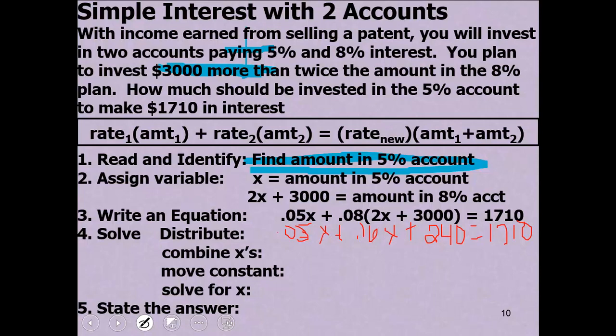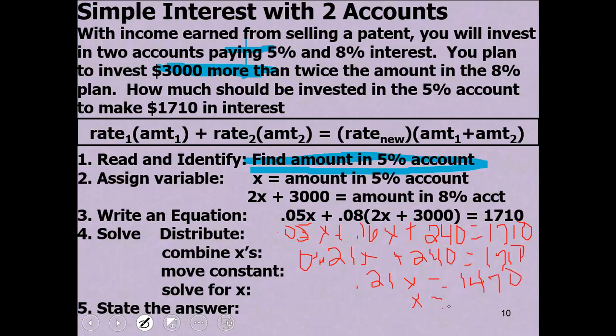That looks really crummy. So I have 0.21X plus 240 equals 1710. And then I have 0.21X is equal to 1470.